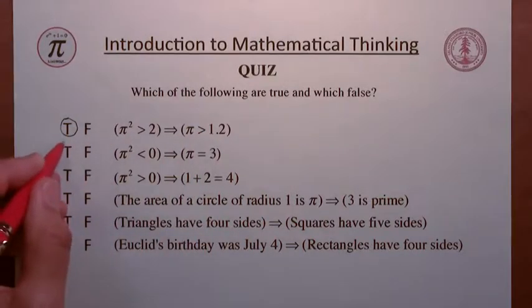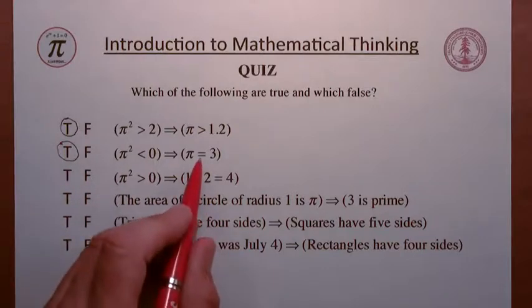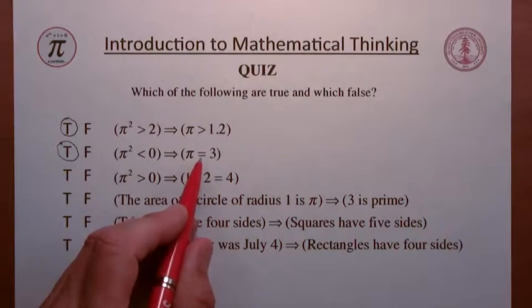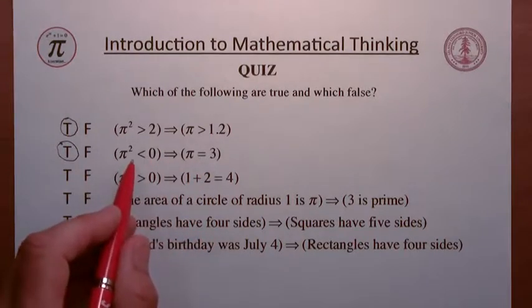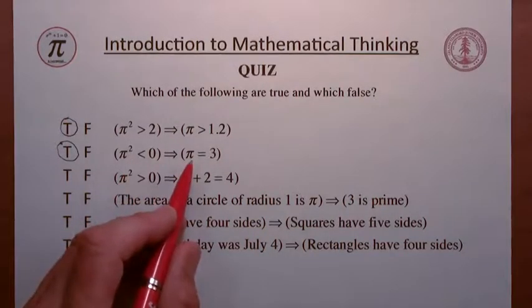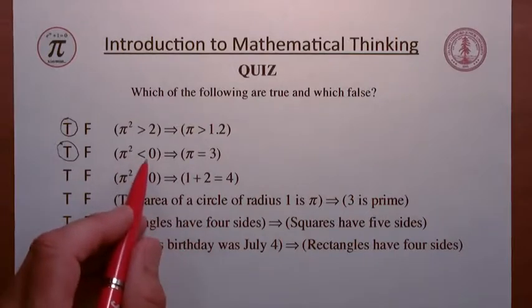For this one, it's also true. Now the consequent is false. Pi certainly does not equal 3. But the antecedent is false. And if you have a false antecedent, a conditional is always true. Pi squared is most certainly not less than 0.